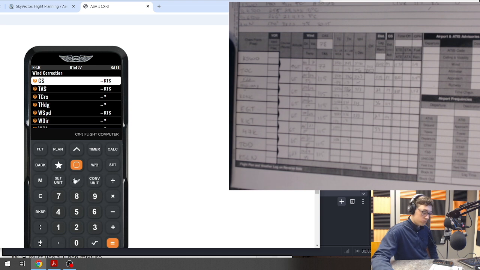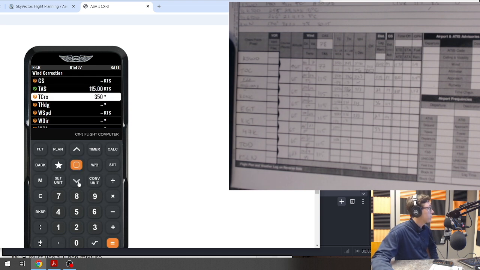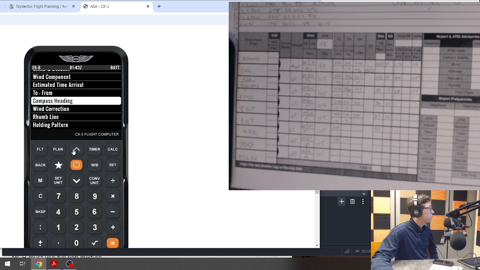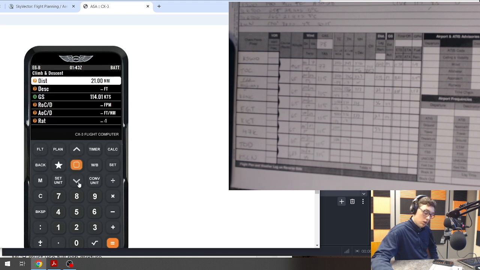Ground speed, we don't know. True speed 115. True course 350. Wind speed, same thing with the same wind direction. Climb and descent. Next leg is going to be 36 nautical miles.